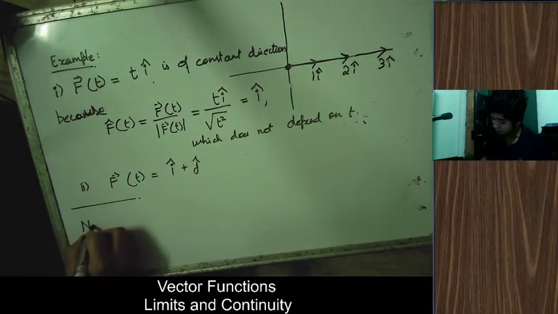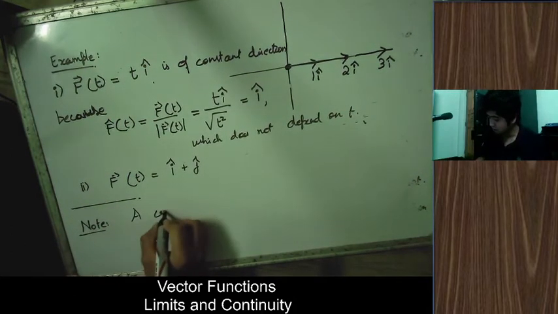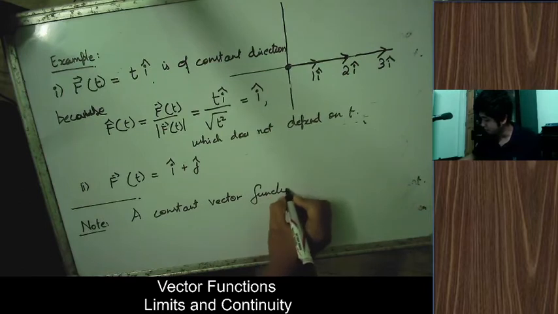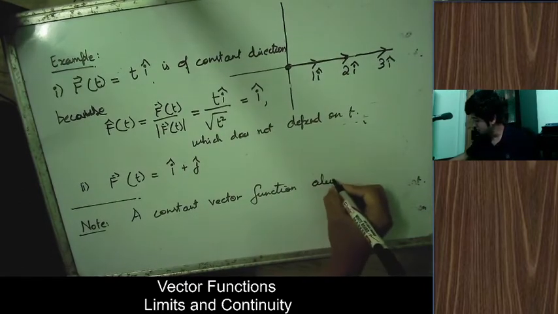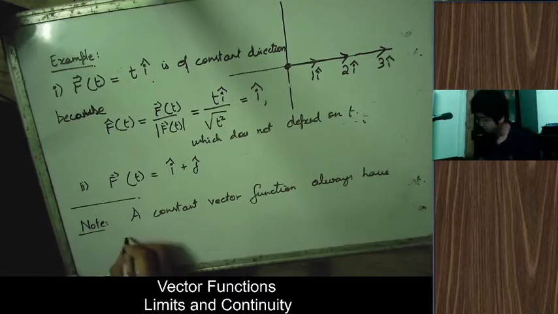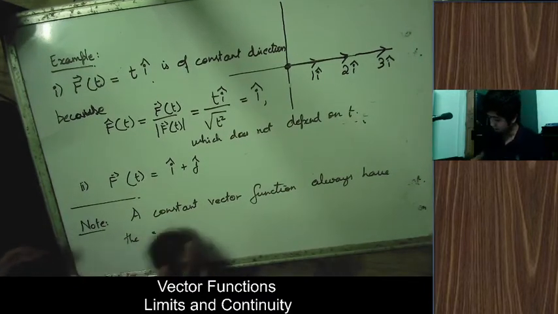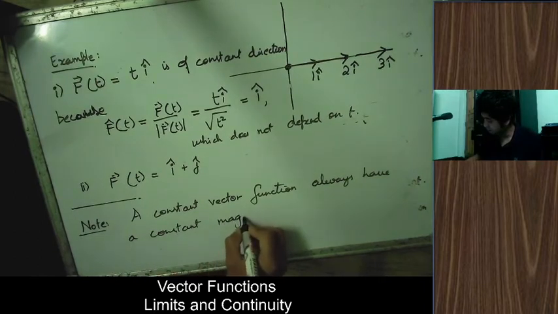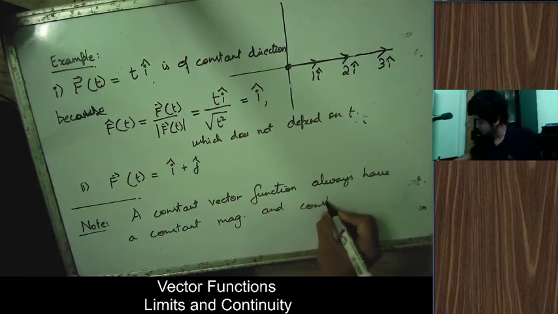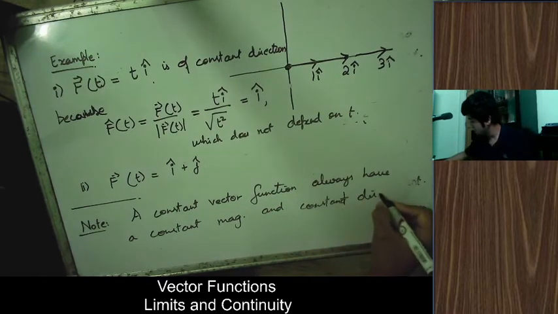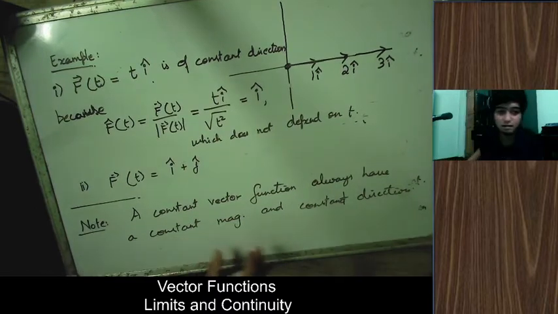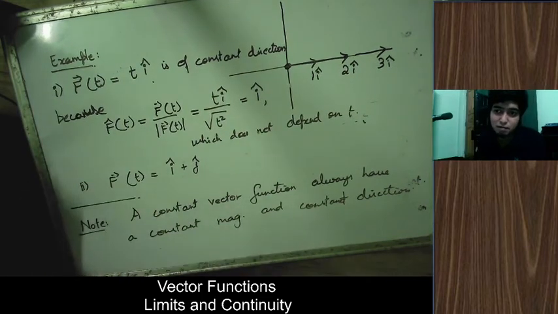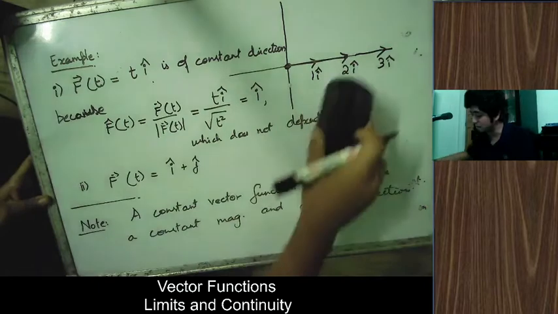Maybe I should write that one as a note: a constant vector function always has a constant magnitude and constant direction. So this also will become very useful when we are doing some exercises and also some theorems that we will be proving. Just keep it in mind.